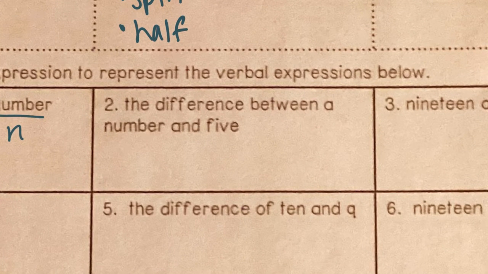Looking at number 2, the difference between a number and 5. The difference means subtraction between a number, that could be my variable n, and 5, of course, is my number. So therefore that would be n minus 5. Since it says a difference between a number and 5, my variable has to come first, and 5 has to come second, because with subtraction, the order does matter.